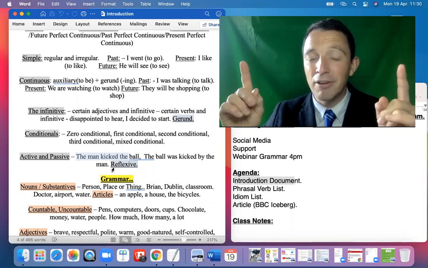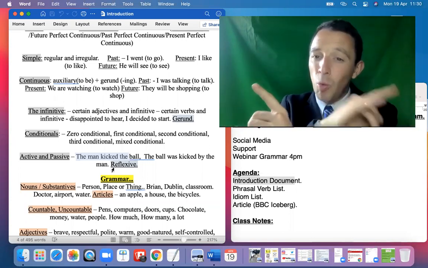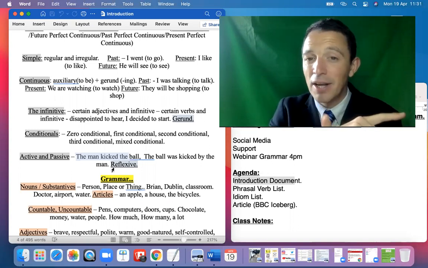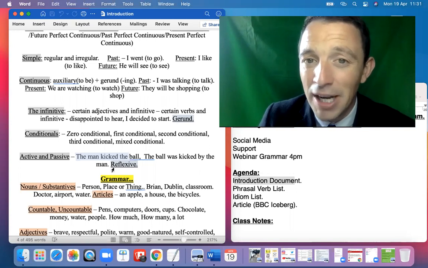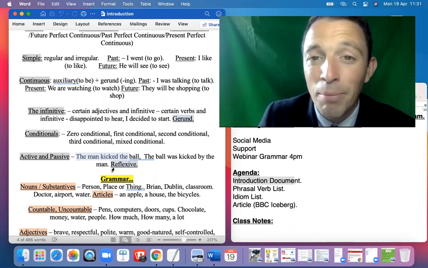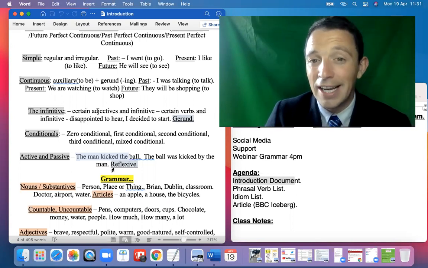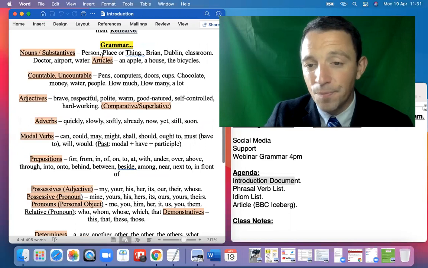To create the passive, we change the position: the ball, introduce an extra verb to be, was, kicked is the participle, by the man. That's a difficult concept if you are not familiar with it, but it is very impressive and it's a very big part of English, and the active and the passive is a very impressive structure to use in English.